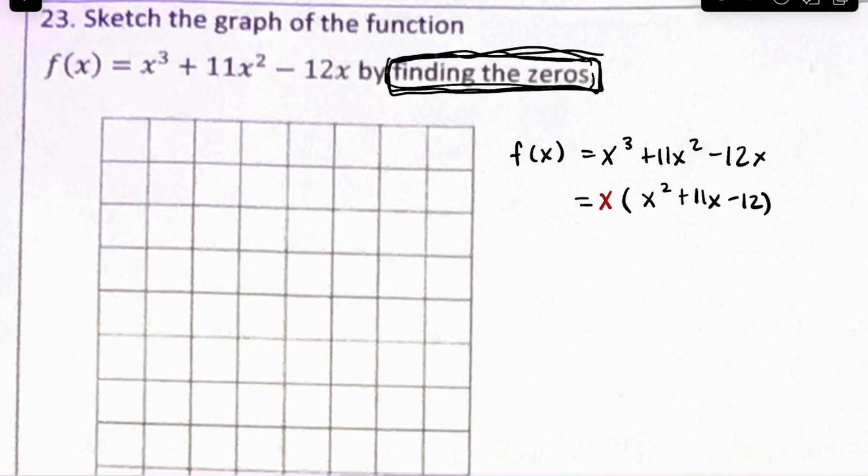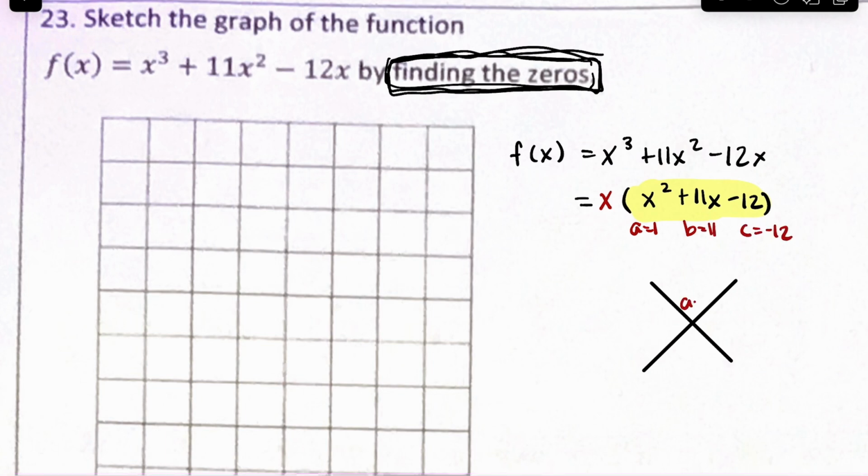Now we have a trinomial, a quadratic. So let's see if we can factor it using the diamond method, or if you prefer grouping, you can totally do that as well. So let's find our a, b, and c. a equals 1, b equals 11, c equals negative 12.